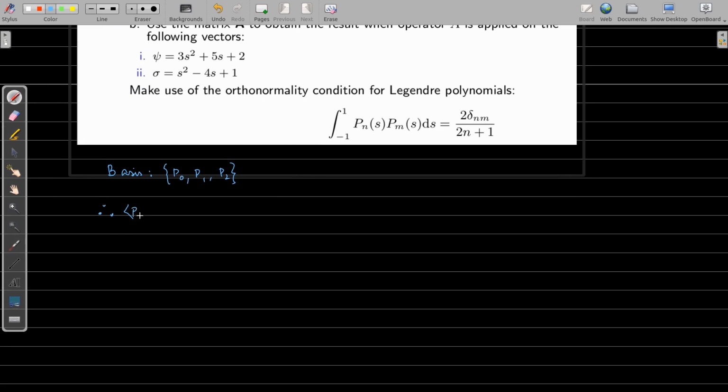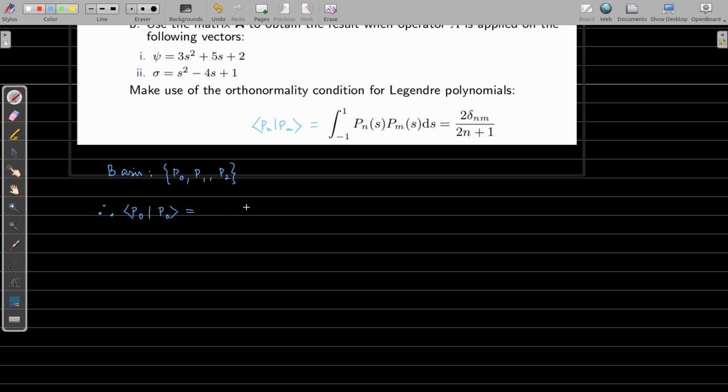What will be P0, P0? This is what we want to find out, and like I had mentioned, this is nothing but Pn and Pm. All I need to do is use this formula, the right hand side.